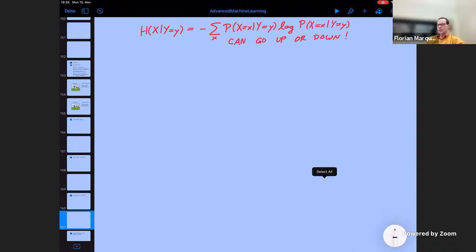But let's come back to the average case. So what we can do now is we consider the difference between H of x and H of x given y. H of x given y is the smaller thing, so this difference will be positive. And that thing has a name. It's called the information gain. Remember, we had derived the entropy in the sense of Shannon by looking at the information, which was the log of the probability.